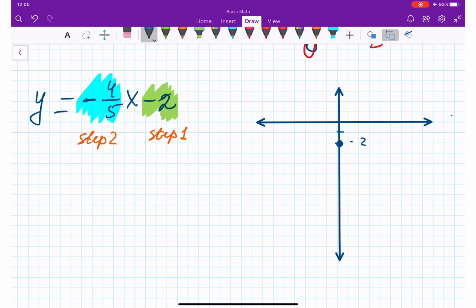Let me explain this slope. What does it mean when I have negative 4 over 5? First of all, negative 4 over 5 is the same thing if I write negative 4 over 5 or 4 over negative 5. Why? Because the fraction line is nothing else but division. That means 4 divided by 5.